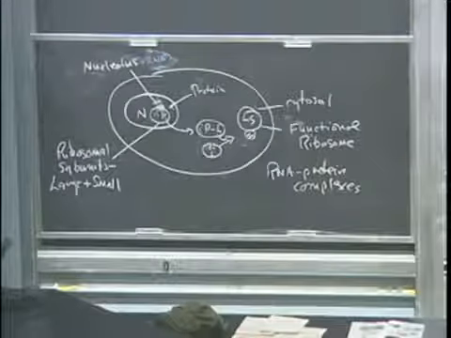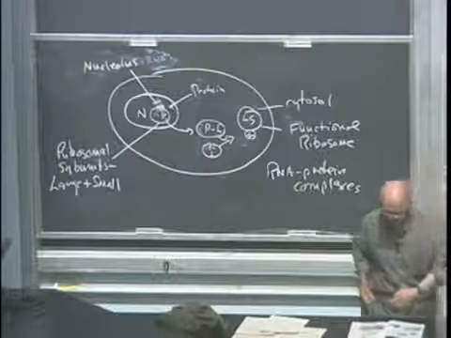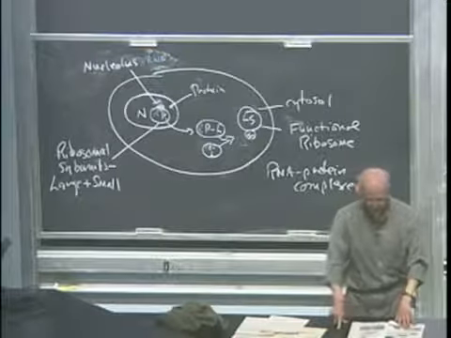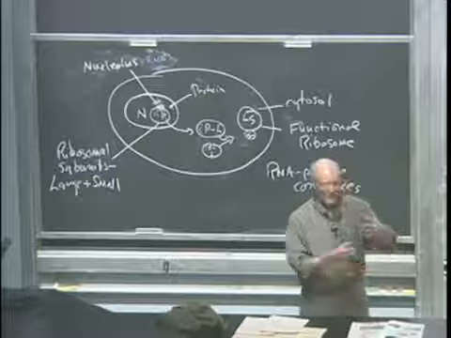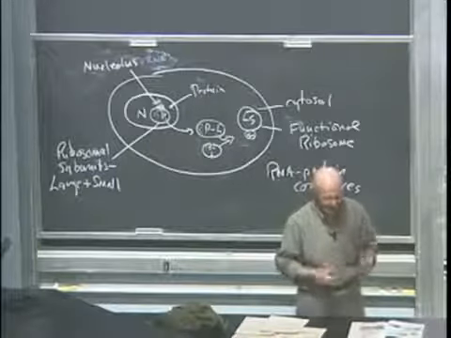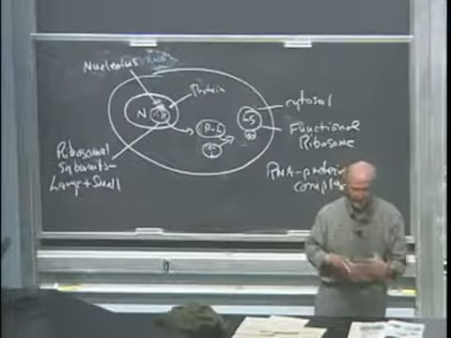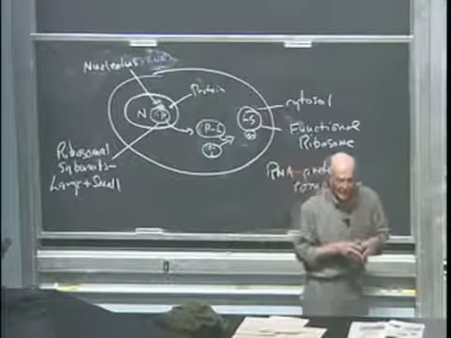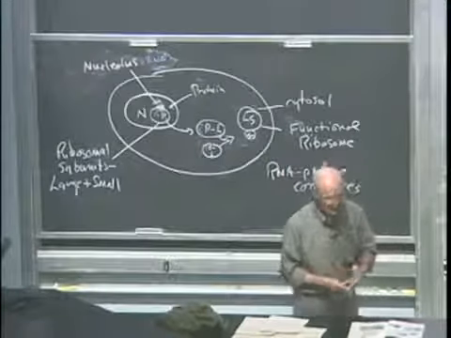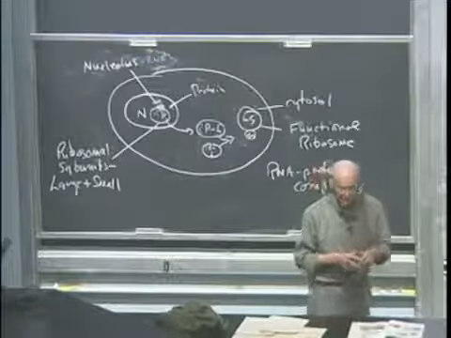Now, what's shown in figure 45, in the middle of that figure, is a large subunit and a small subunit coming together, and the reason they come together is they interact with an RNA molecule, messenger RNA, which has information for making a protein, and the ribosome reads that information.